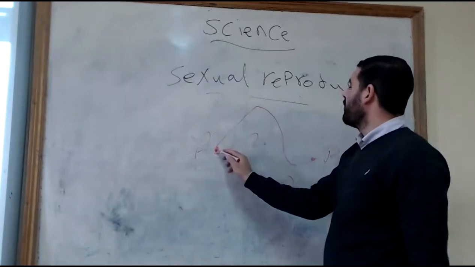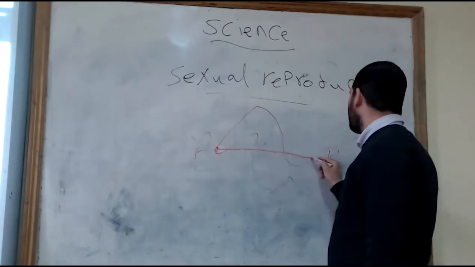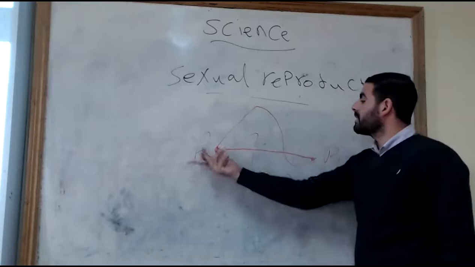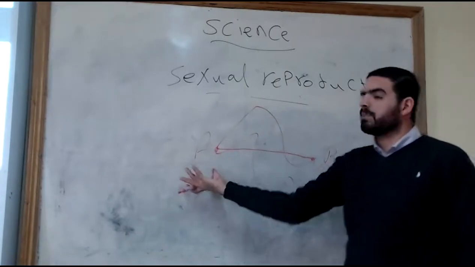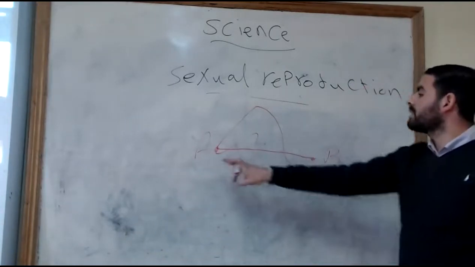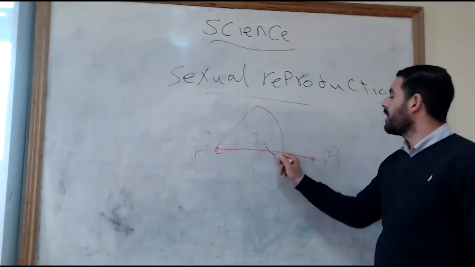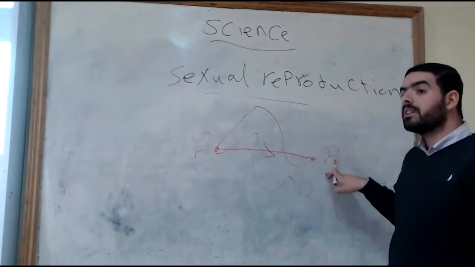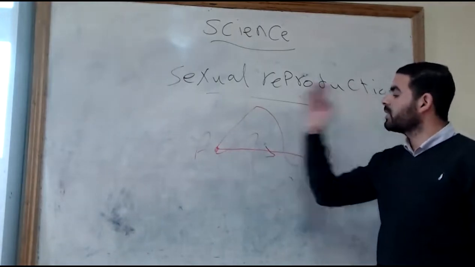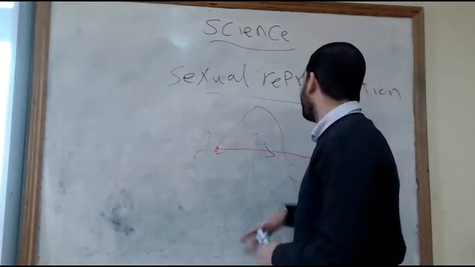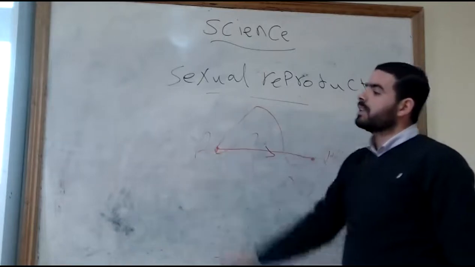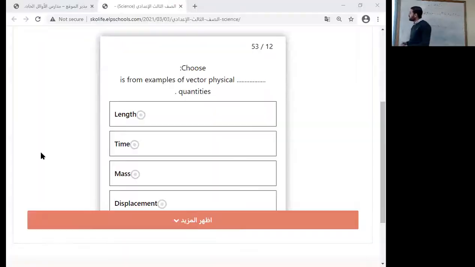While when you move in a straight line, the shortest distance between the initial point and the final point is said to be displacement. So displacement has a direction and magnitude, okay? It has only one direction because when we cover a displacement, we move in a straight line, so our answer will be displacement.